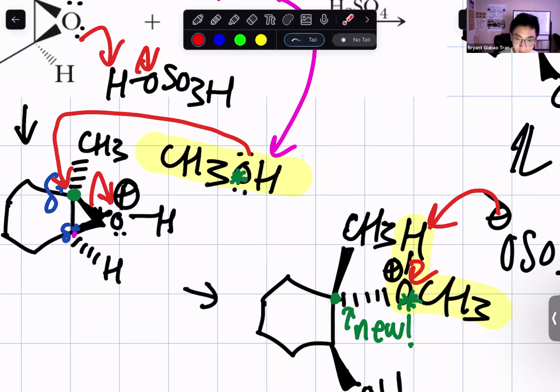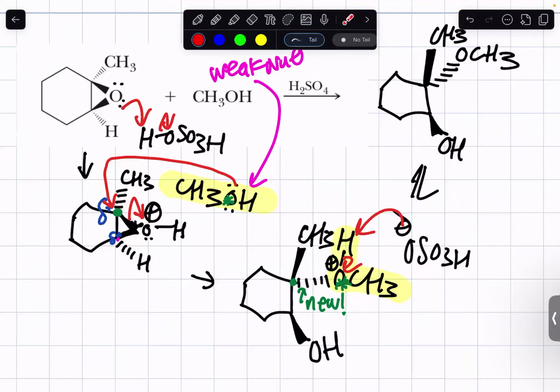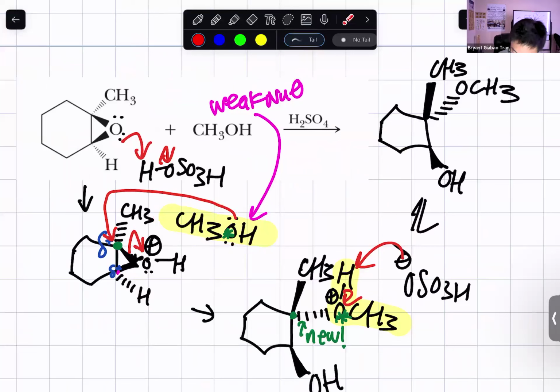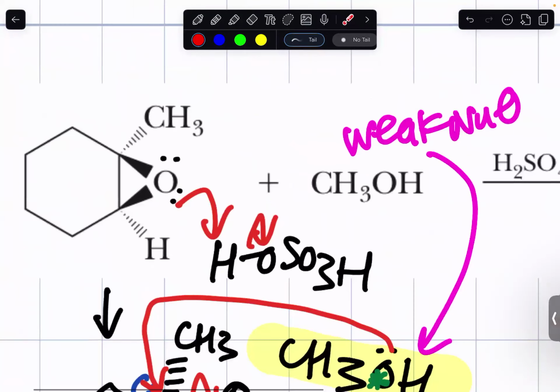Yep, that's good. And so are we imagining the OSO3H, like the negative one that's floating? Oh, this is not negative. This is neutral. Or like the other one on the last step? Oh, okay. Assuming that part, this is the conjugate base of H2SO4, because the very first step is to protonate the epoxide with the H2SO4.